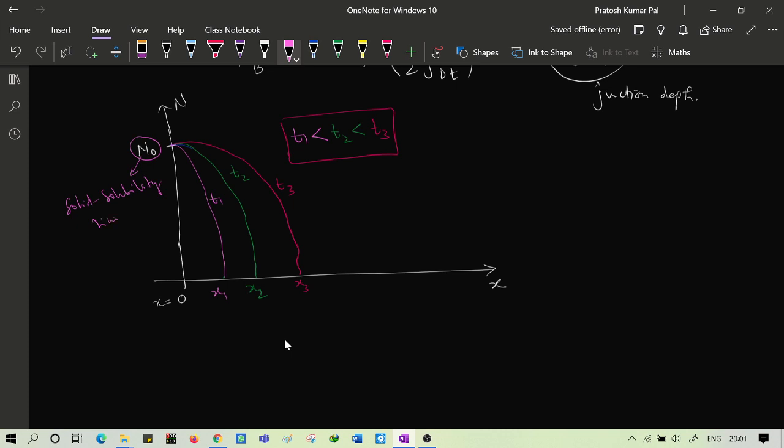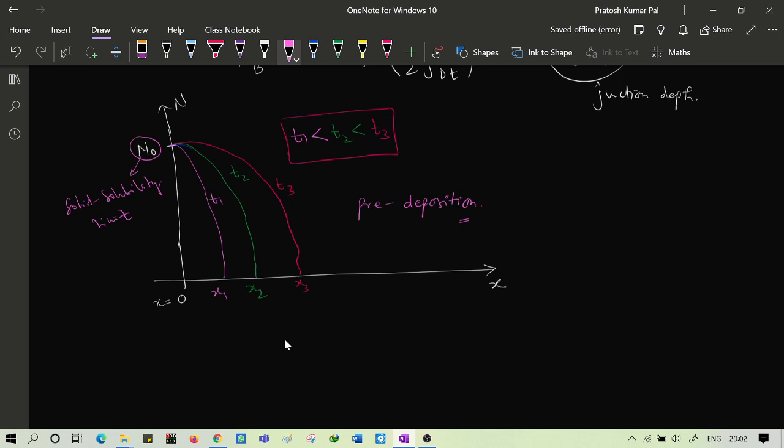If the diffusion started with the solid solubility limit value of dopant concentration, then this type of diffusion is called pre-deposition.